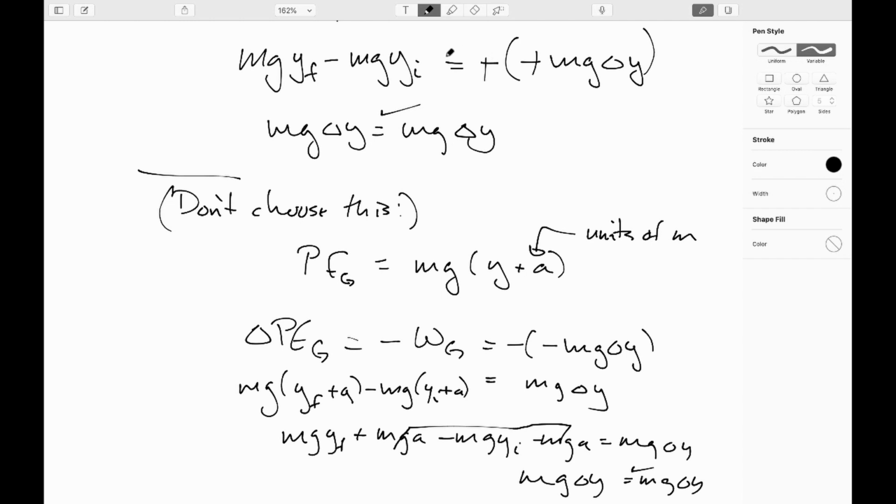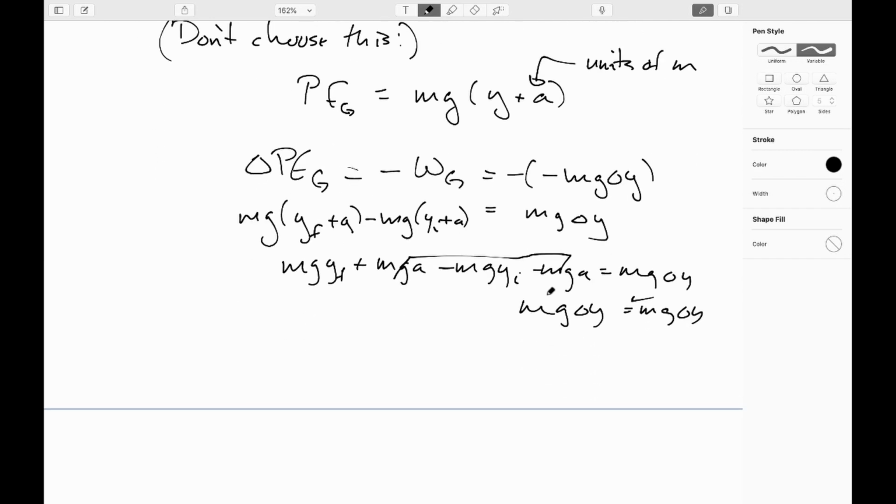Now, I said don't choose this, but we actually kind of do. The way we do this in practice is we say that you are free to choose where y equals 0. Now, once you've made that choice, you are stuck for the rest of the problem. But you are free to make that choice, and you're free to make it in a way that will make the arithmetic convenient for you.